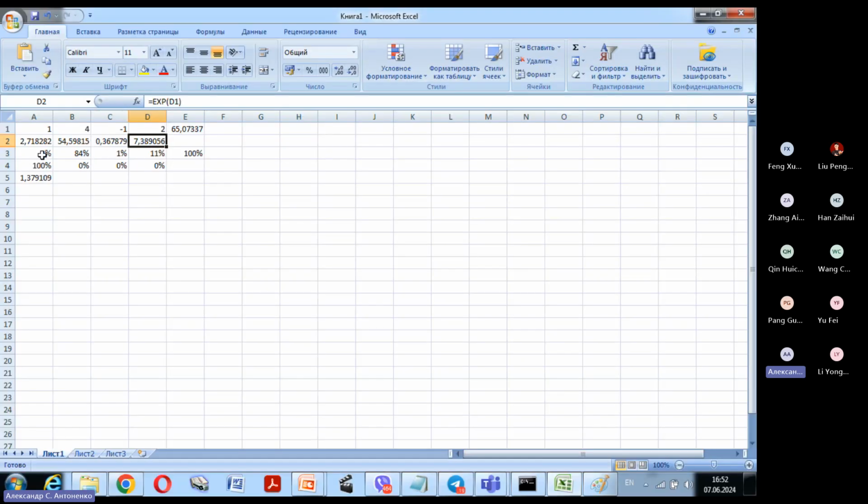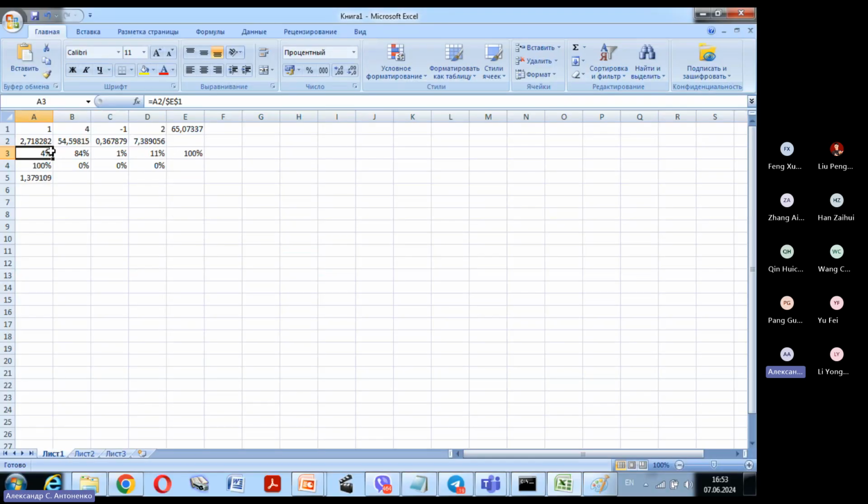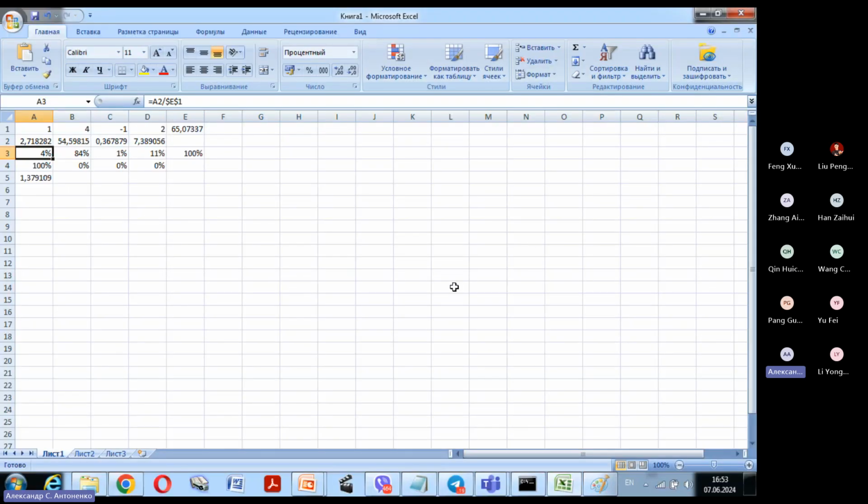For example, it's a bad example. It's like a bad prediction, really bad prediction. We predict this, but real is this. So 4%. If we find this one, it will be 0.04.